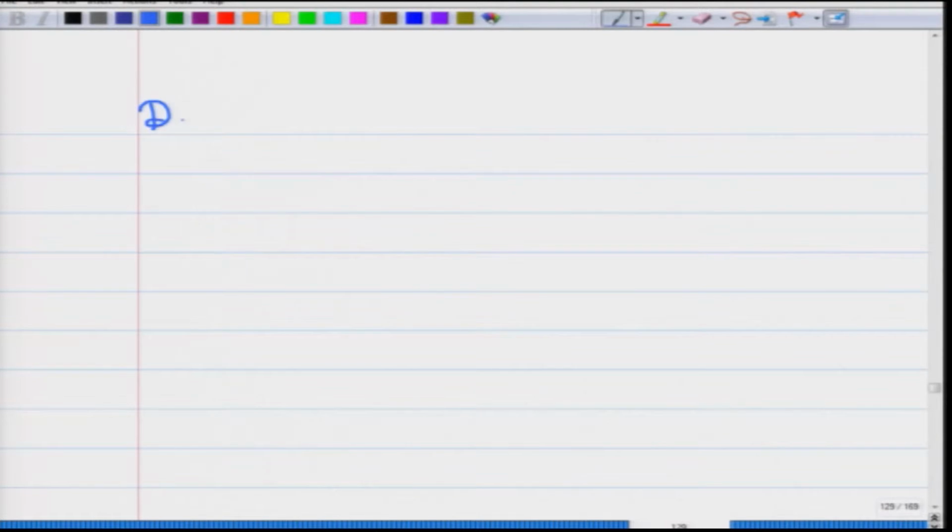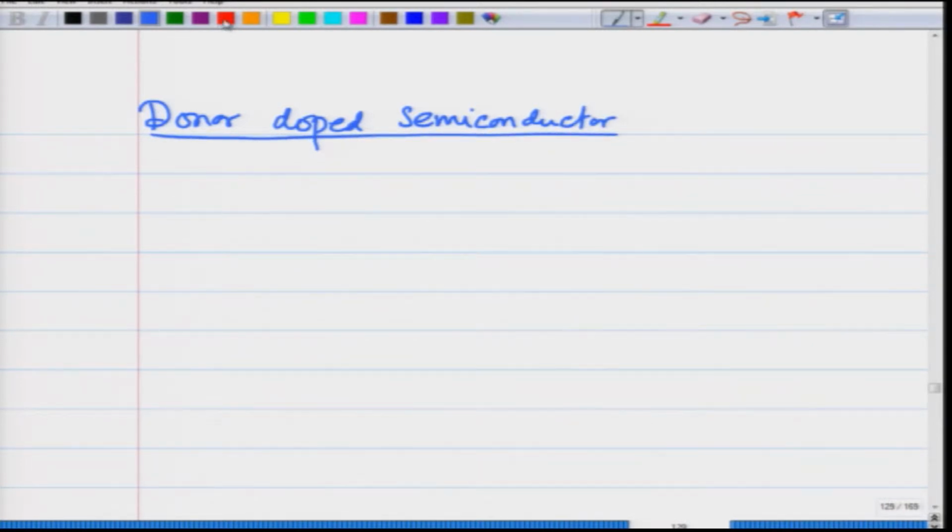So, let us first understand donor doped semiconductor, and the example is going to be phosphorus in silicon, just for the example's sake.